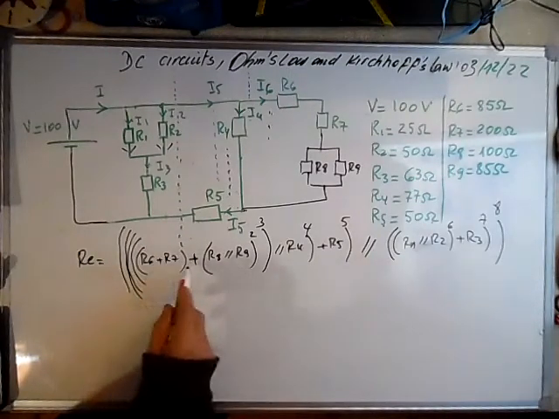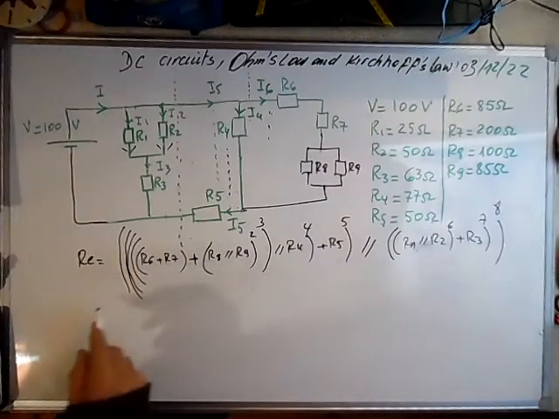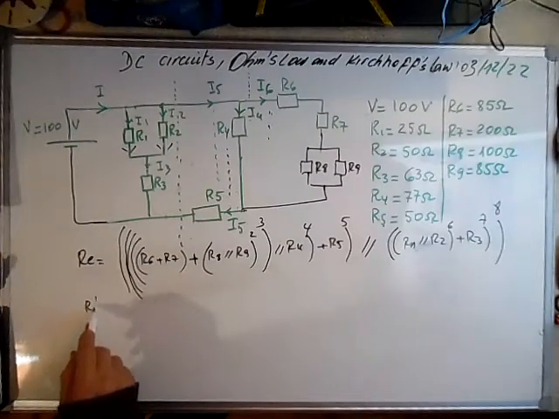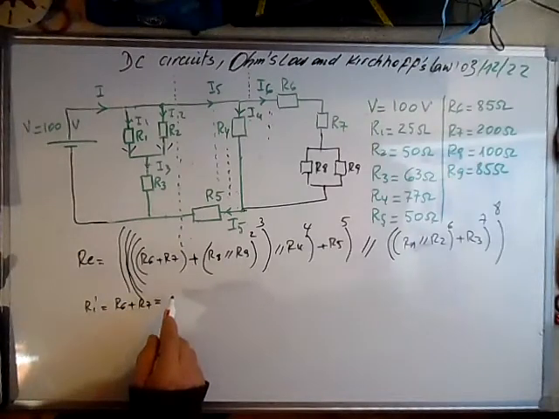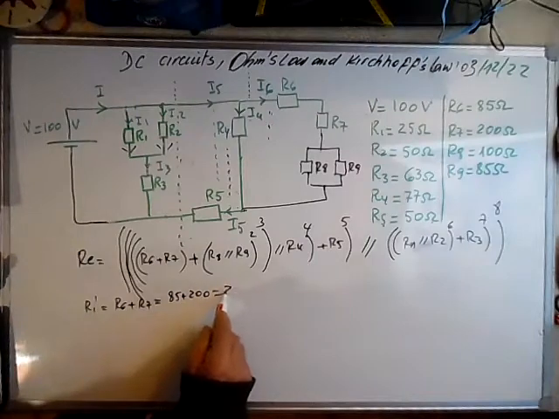Now, instead of using the subscript, I will call them R1 prime. This is R6 plus R7, and this is 85 plus 200, it's 285 ohms.